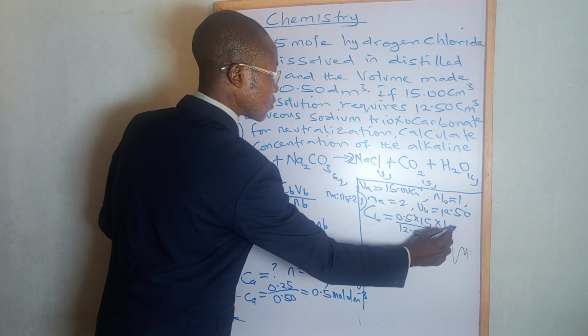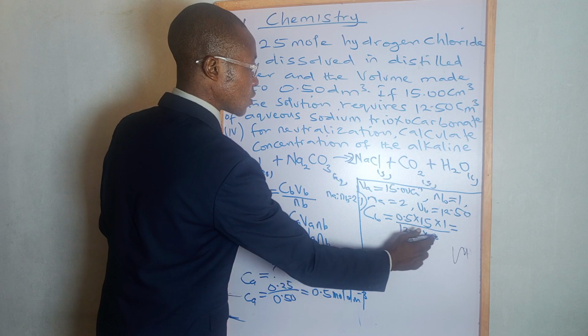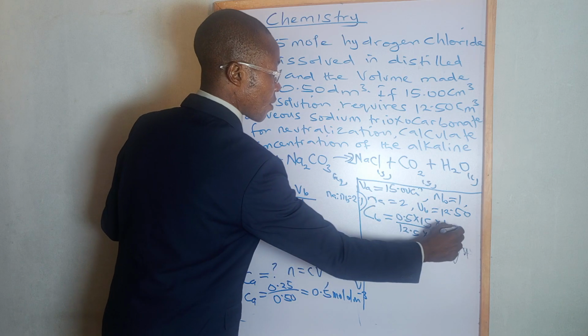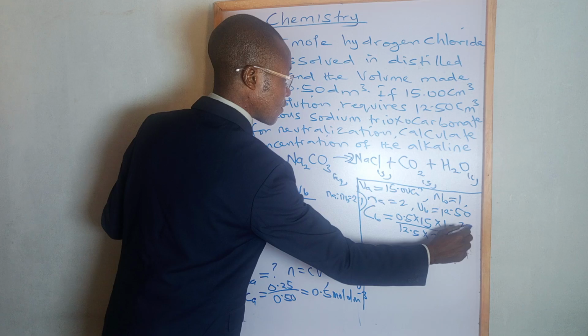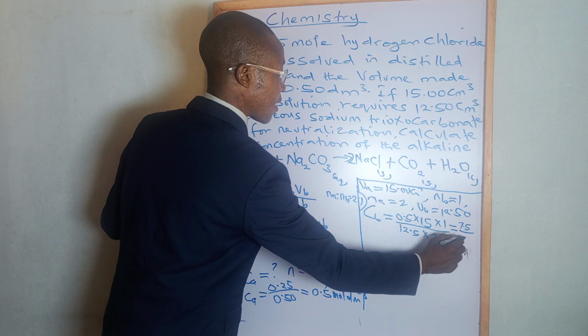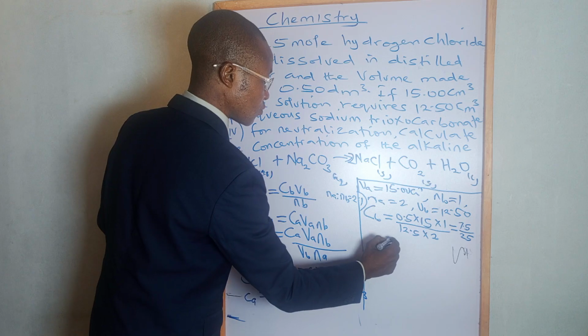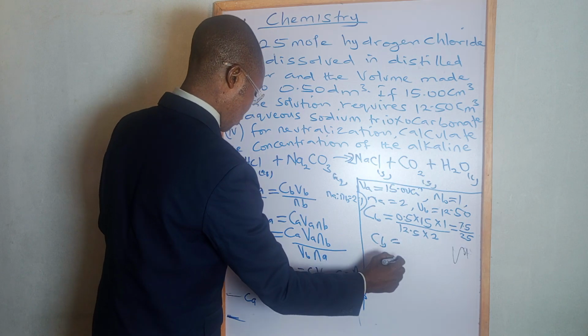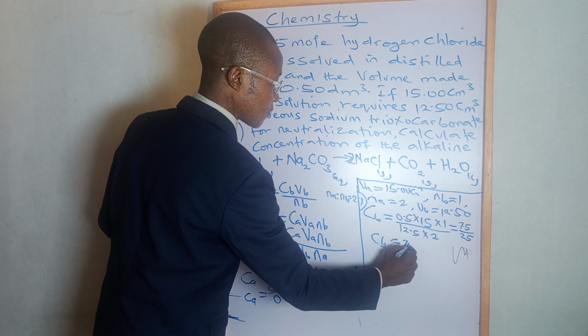You do that very well, you're going to have 0.5 multiplied by 15, that will be 7.5 divided by 25.